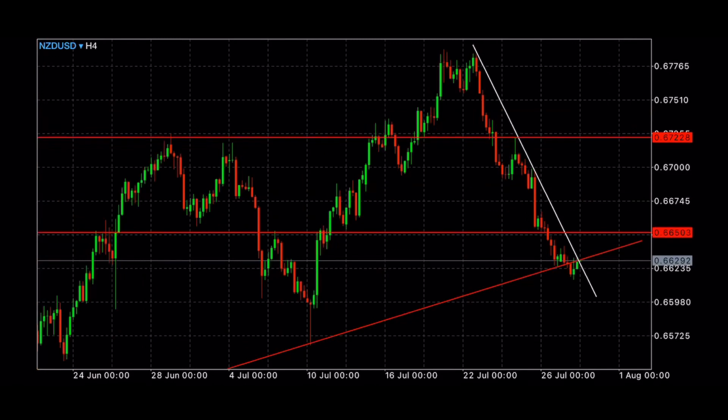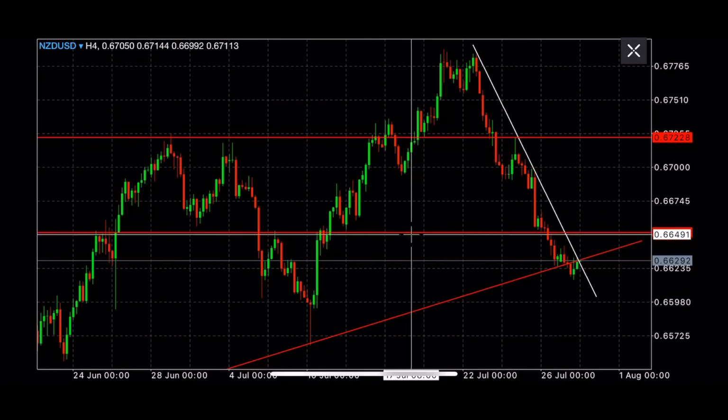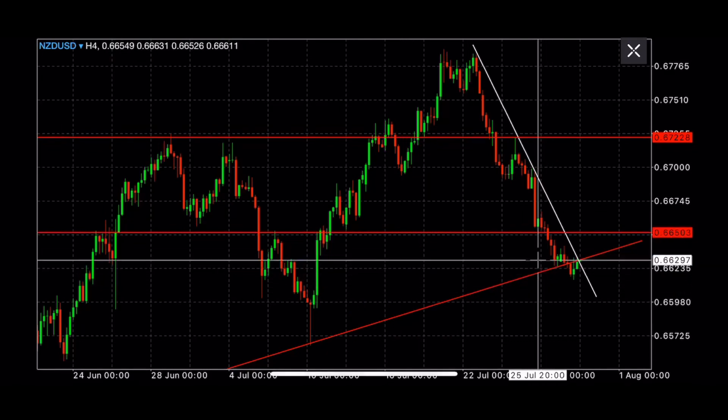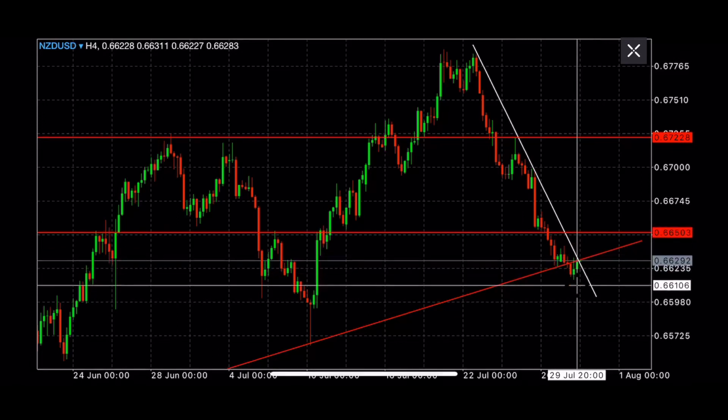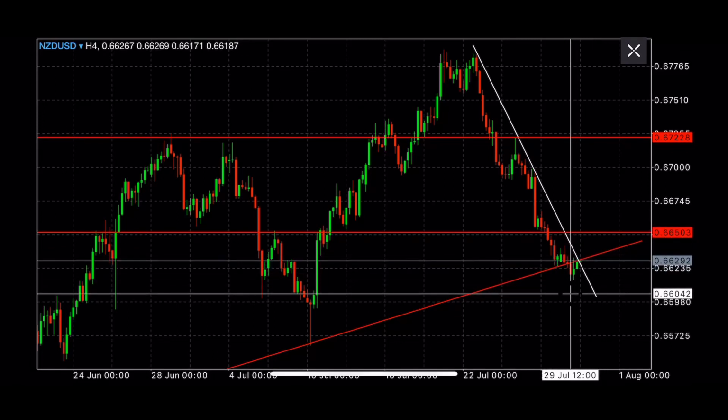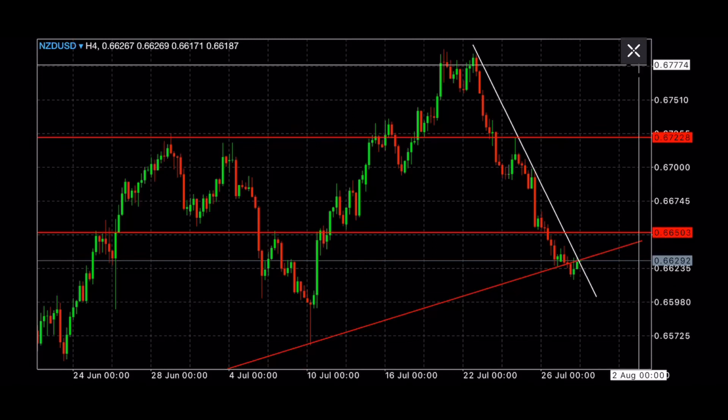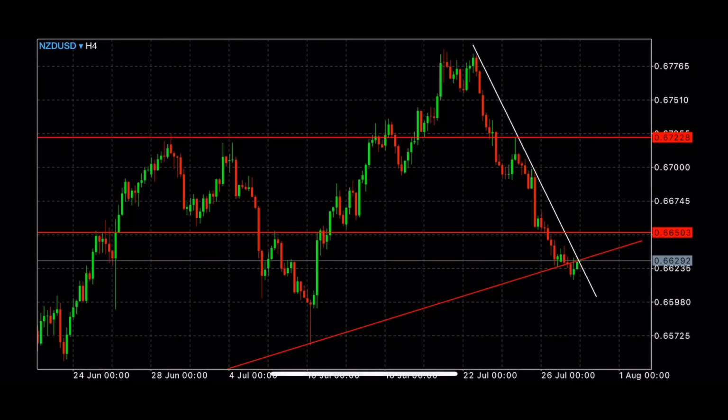And at the same time, should we fail to get to this level, 0.66503, and if the price breaks down again, we can also sell into pressure as well, because regardless of what happens with this pair, we have to take advantage of what the price is actually showing you at this very moment.